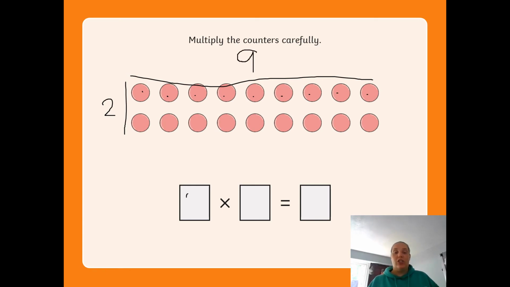So we have got 2 and we're going to multiply that by 9. So 2 multiplied by 9 means that we're going to hold up our 9 fingers and we're going to count in twos. Are we ready? 2, 4, 6, 8, 10, 12, 14, 16, 18. Well done, everybody.